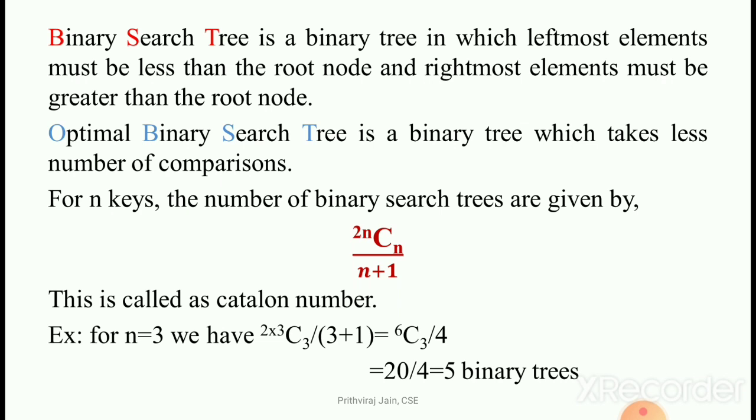For example, n is equal to 3, then we have 2 into 3 C 3 divided by 3 plus 1, which is equal to 6 C 3 by 4. 6 C 3 is 20, so 20 by 4 is 5. So for n equal to 3, a total of 5 binary search trees are possible, and out of these 5 binary search trees, we have to find one tree as the optimal binary search tree.